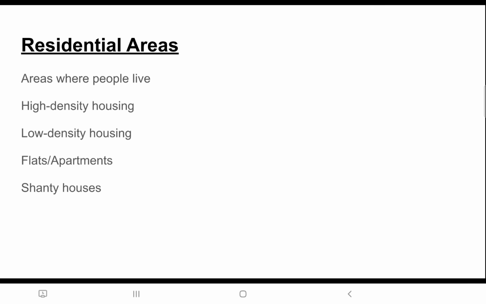And then we've got shanty towns. So these are a form of slum housing. Shanty towns are built spontaneously out of anything that's available, things like plastic sheets or metal sheets, sometimes even cardboard.